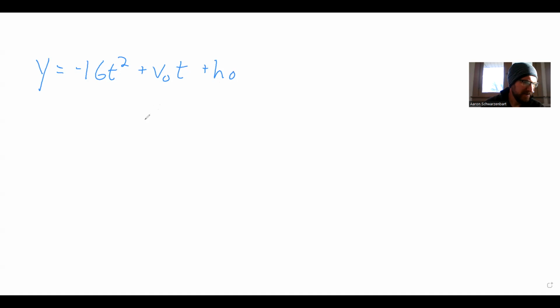So your example was launching a pumpkin. So if I launch a pumpkin with an initial velocity of 80 feet per second from a height of 12 feet, I can get this equation.